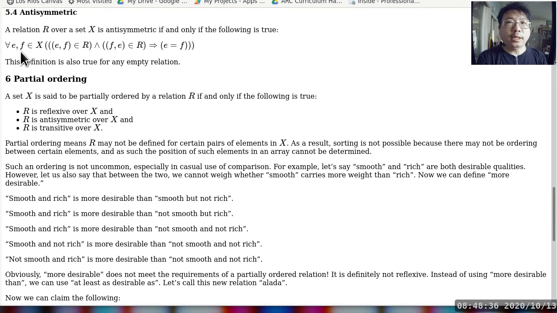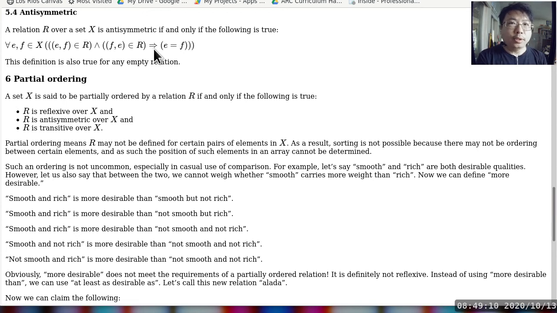One loop for E and one loop for F, so that E can go through all the possible values in X, and F can also go through all the possible values of X. So the real question is about this implication. It's about whether we can make this implication false or not. If we can find one case to make this implication false, then it is not anti-symmetric. On the other hand, if that's not possible, this implication is always true, then it is anti-symmetric.